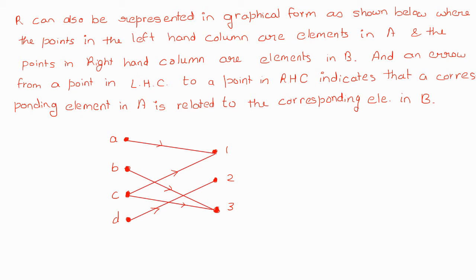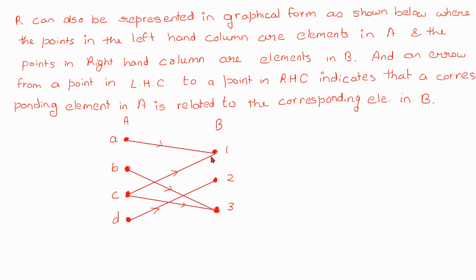The points on the left hand side are the elements of A, and these 1, 2, 3 on the right hand side are from B. An arrow from a point in the left hand column to a point in the right hand column indicates that the corresponding element in A is related to the corresponding element in B. Suppose there exists an arrow from this A to this 1, that means there exists A comma 1 in R.